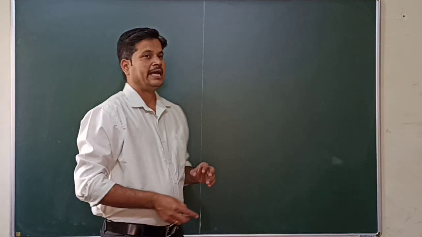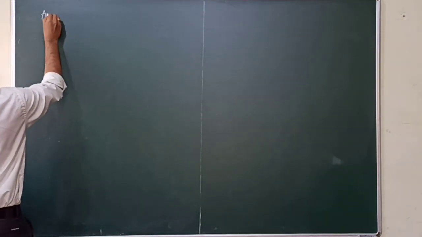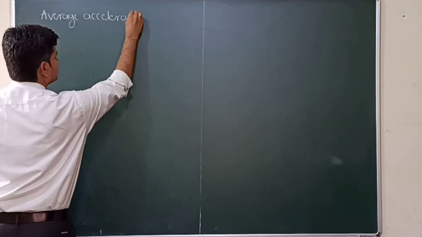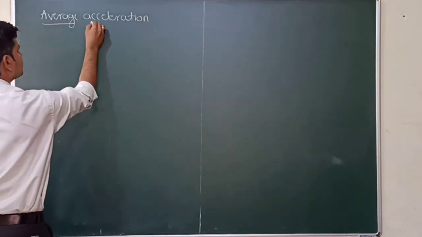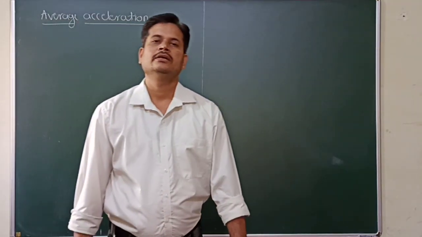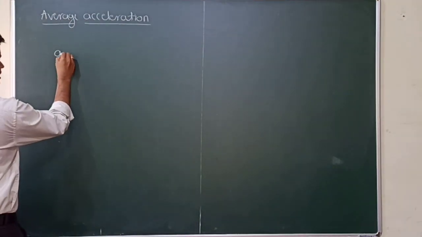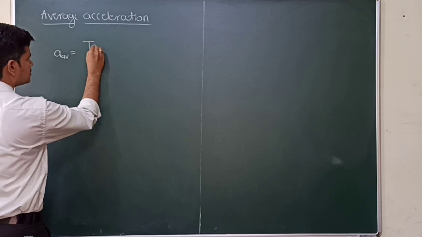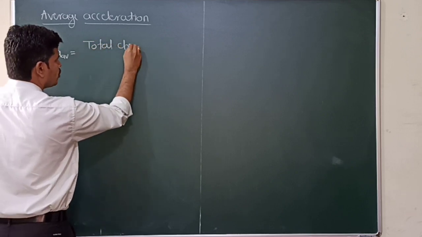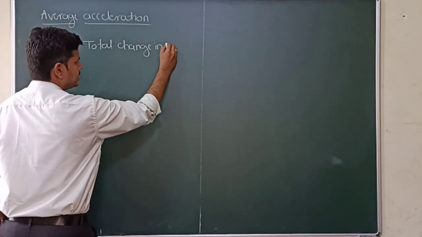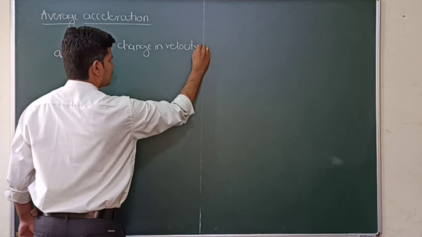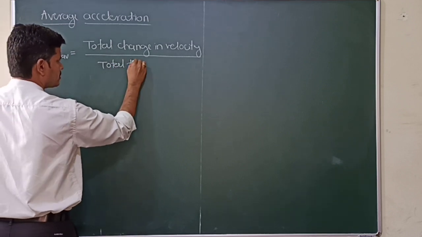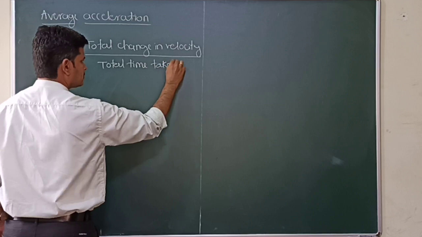Okay, next term, average acceleration. How can we write the average acceleration? a_av is the total change in velocity divided by the total time taken.